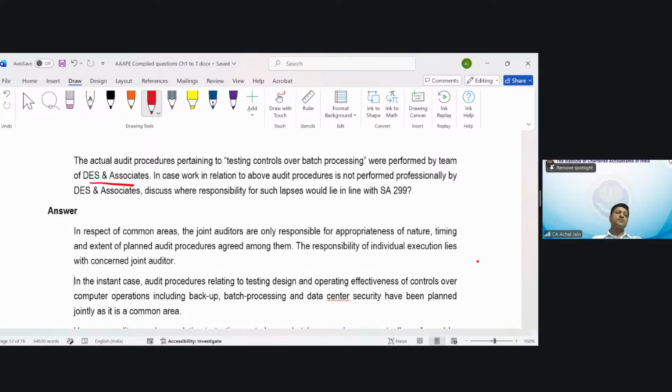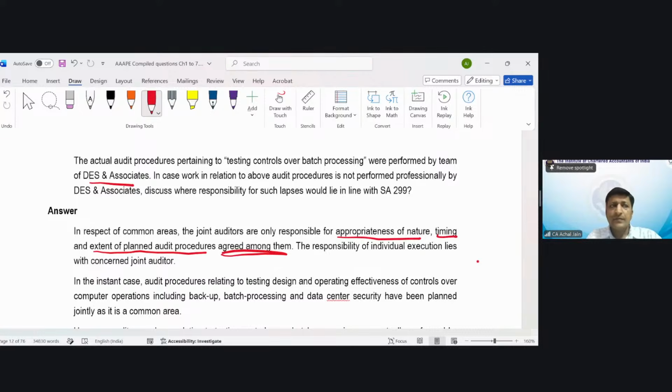Now, in respect of common areas, joint auditors are only responsible for appropriateness of nature, timing, extent of planned audit procedures agreed amongst them. Responsibility of individual execution lies with the concerned joint auditor.